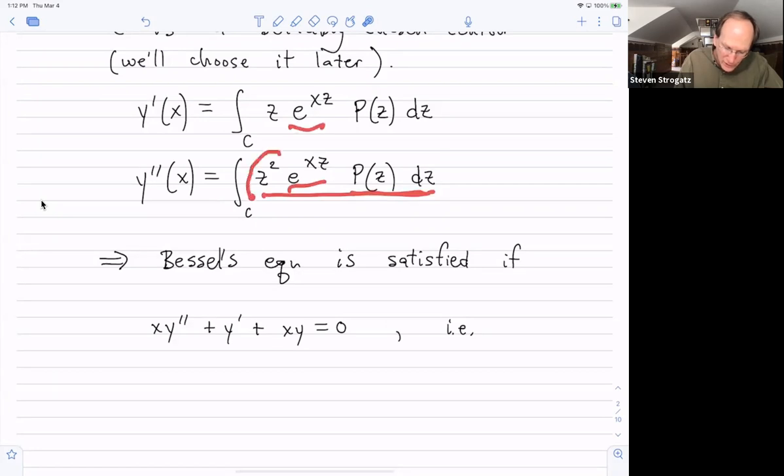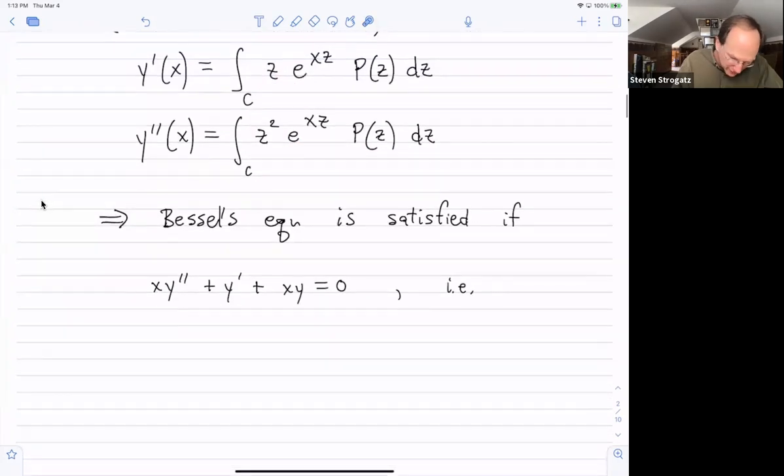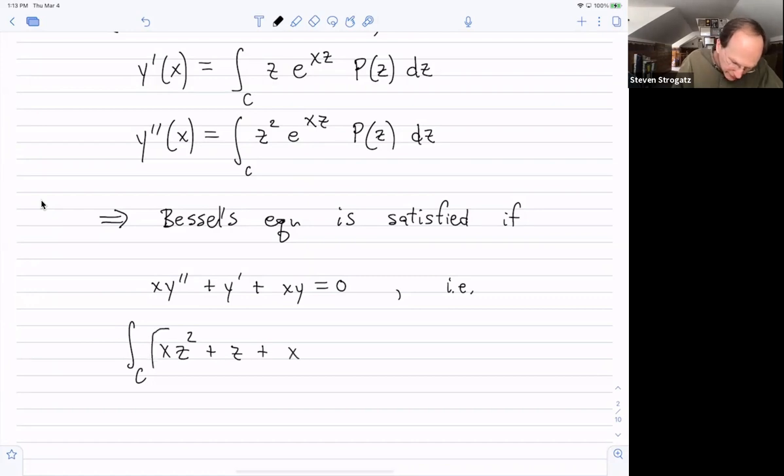The only thing that's changing is the term in front, the z squared or the z. So we could group everything together like so: the integral over C of (x z squared plus z plus x) times e to the xz p of z dz. So Bessel is satisfied if this is 0.